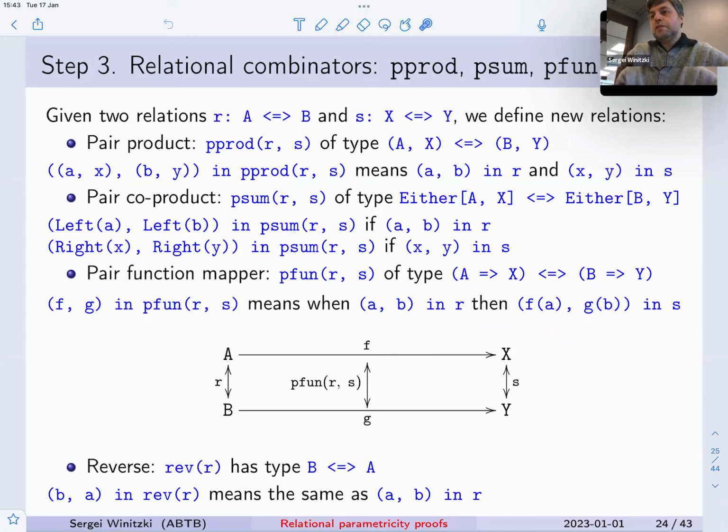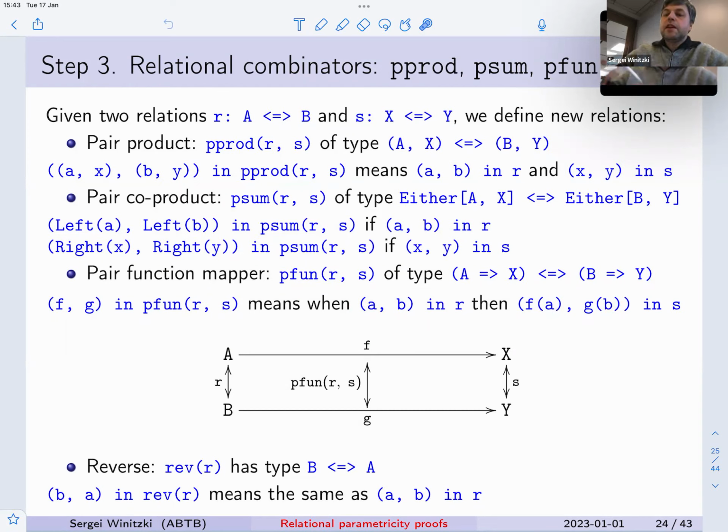Now that's quite a different logical statement than just f of something must be equal to g of something. And this is for arbitrary relations. So these relations are not necessarily function graphs. So you cannot express a through b here or b through a and substitute it here. So it's really not easy to reason about such relations.